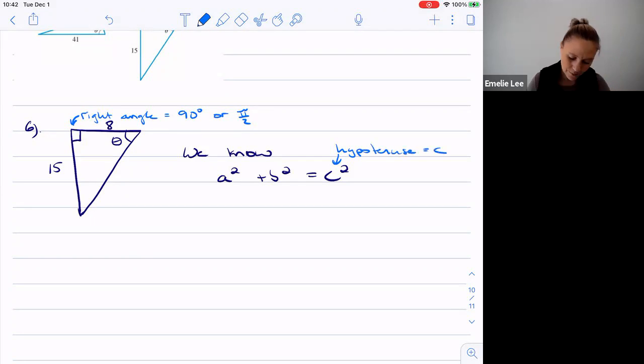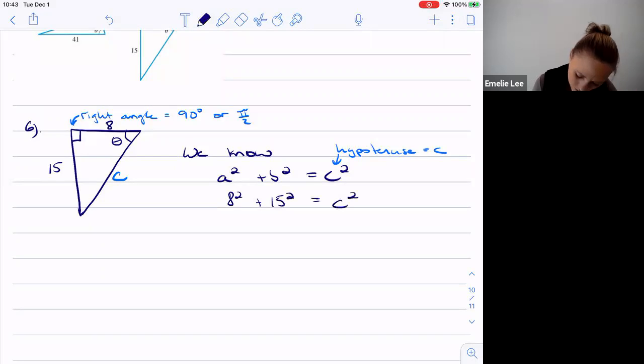It doesn't matter which one we make a and b, the opposite and the adjacent, as long as you make c the hypotenuse. So this distance is c, and we have to solve for c. Let a be 8, though you could make it 15. Notice 8 squared plus 15 squared is the same as 15 squared plus 8 squared. So we have 8 squared plus 15 squared is c squared.